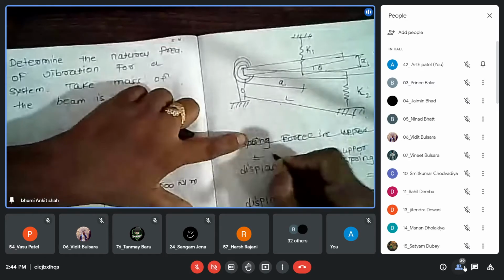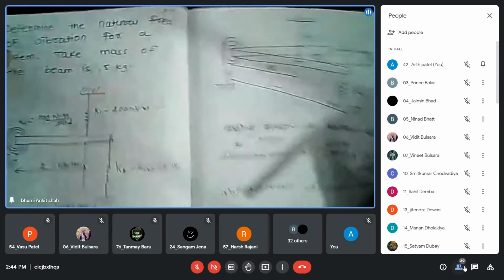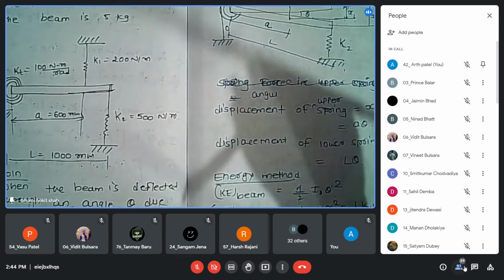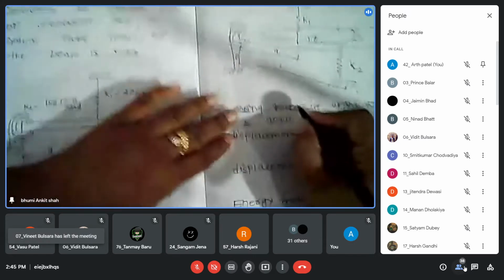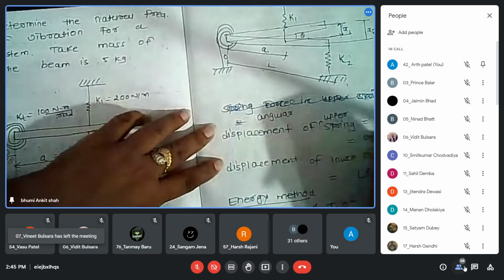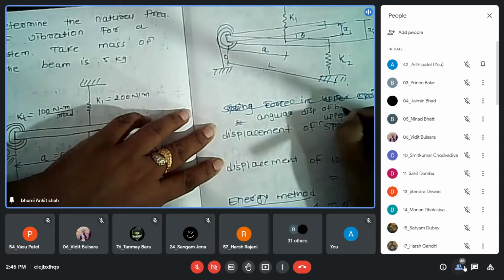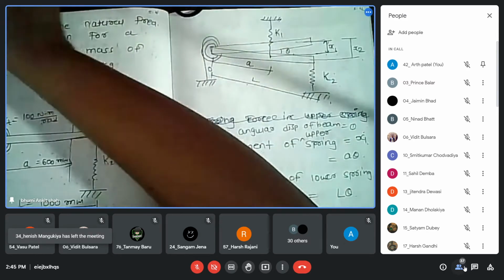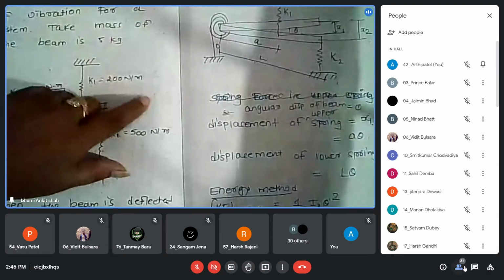What you need to do is find the initial deflection, that is theta. The angular displacement of the beam is theta.